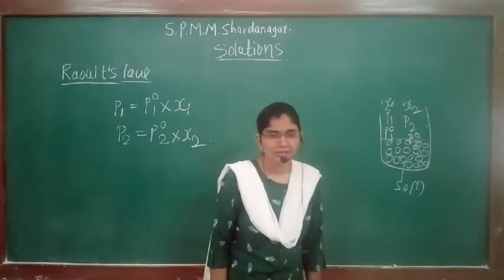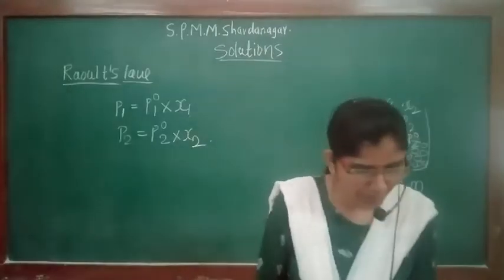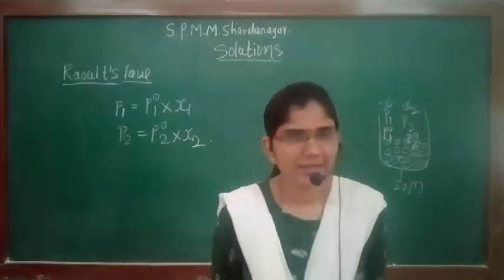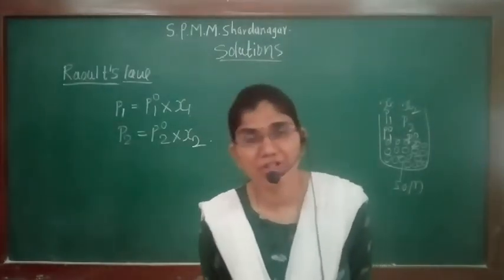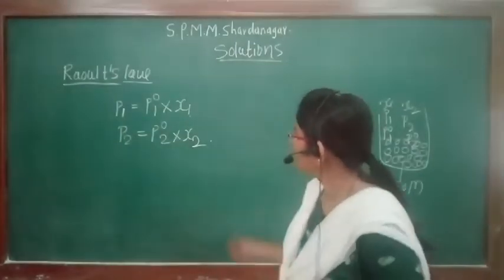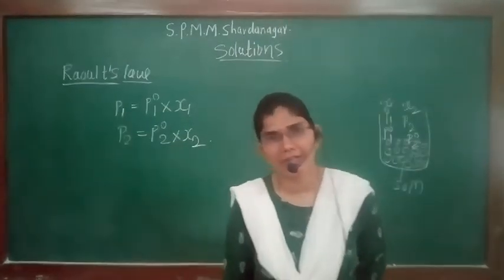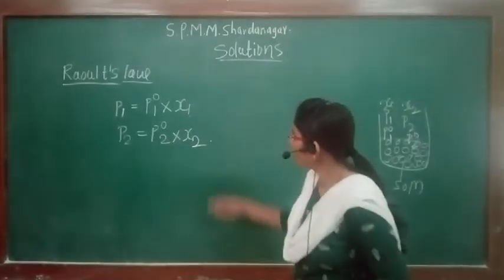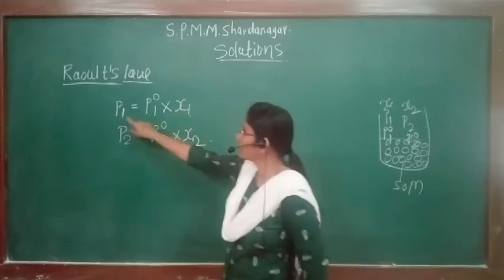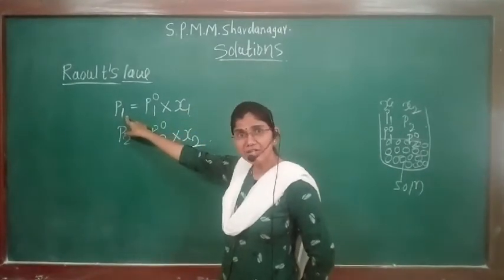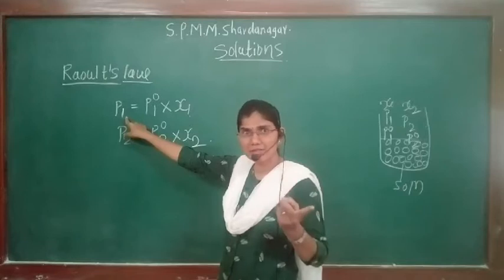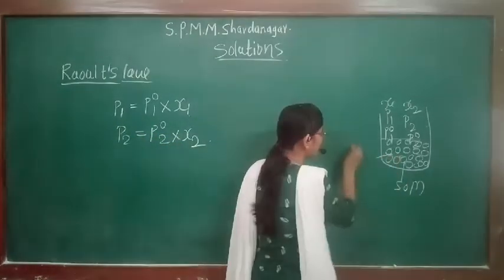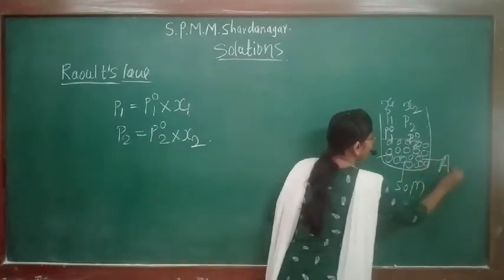Therefore Raoult's law is stated as: the partial vapor pressure of any volatile component of a solution is equal to the vapor pressure of that component multiplied by the mole fraction of that component in the solution. Mathematically, P1 is the partial pressure of the first component A1 in this solution, which contains the two components A1 and A2.